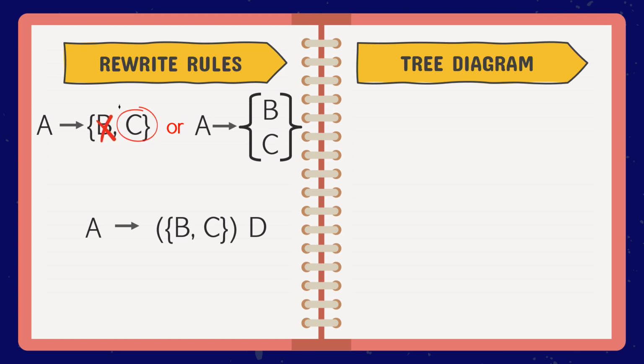Whether the mutually exclusive items are written on one line separated by commas or on separate lines does not matter as long as they occur within braces.